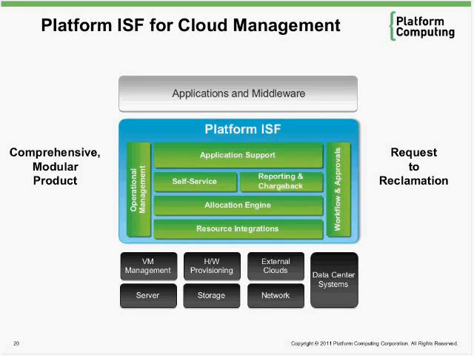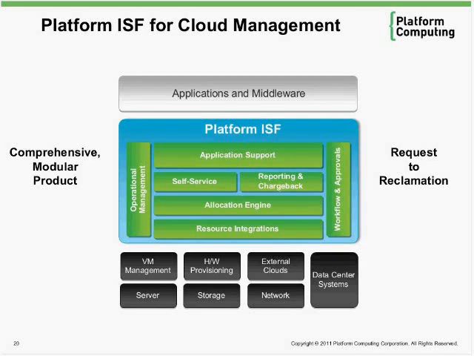But the heart and the brain of the cloud management is the second layer up above the resource integration. That is the policy and allocation engine to orchestrate, allocate, and arbitrate the resources upon the application's resource demand, so that sharing is happening in an ordered fashion and the service level can be met.